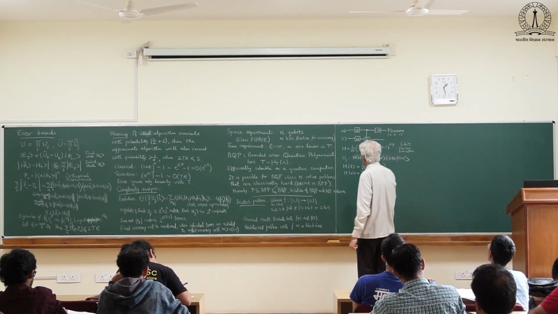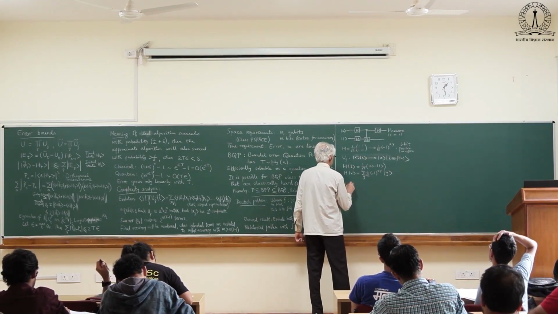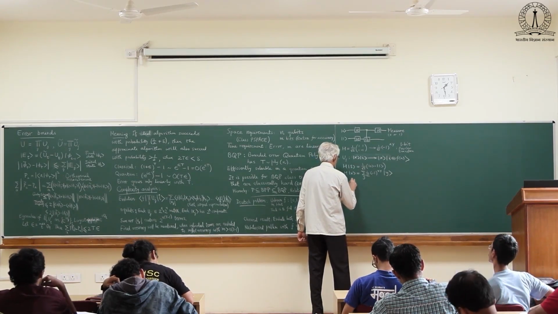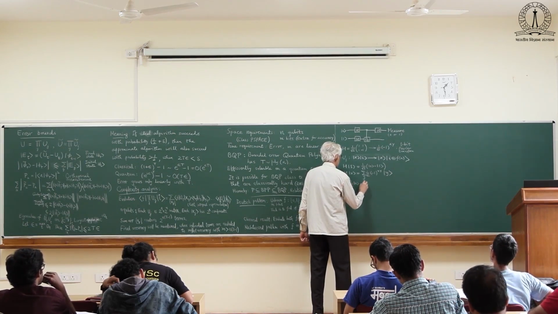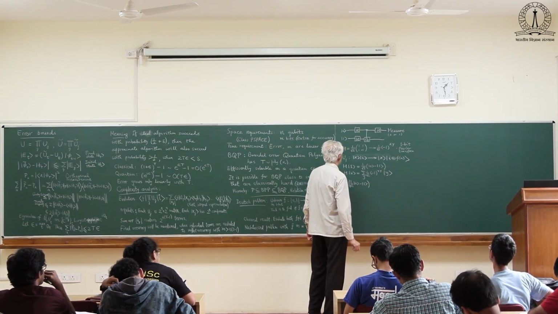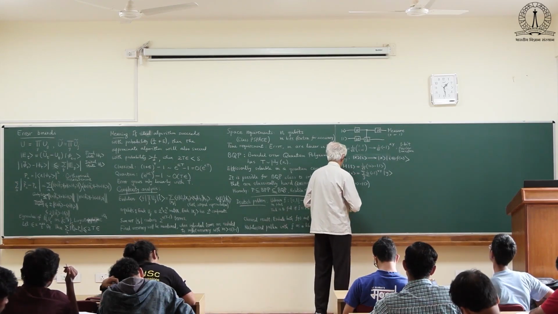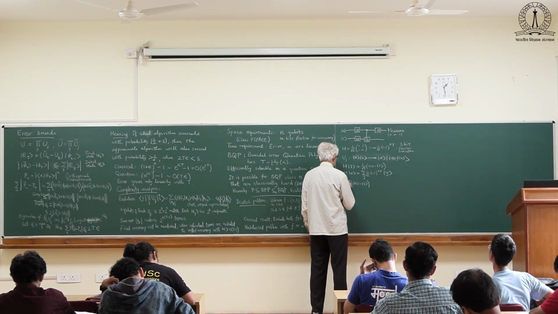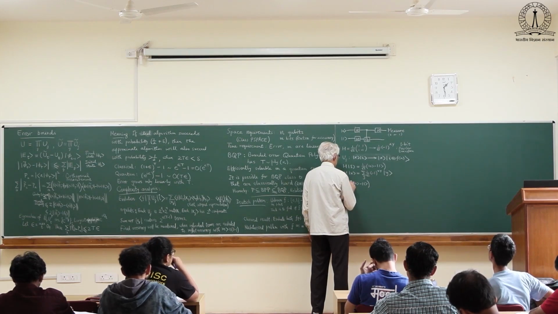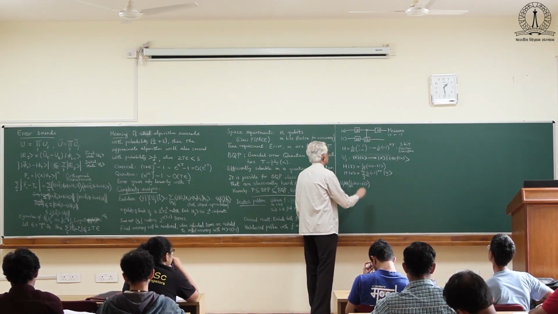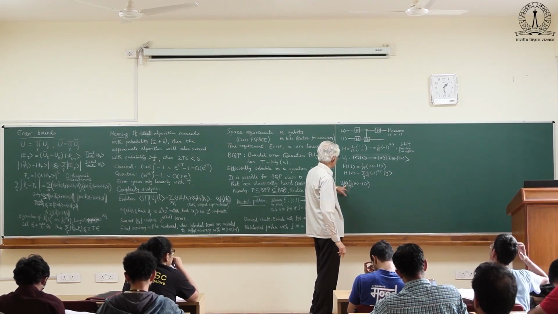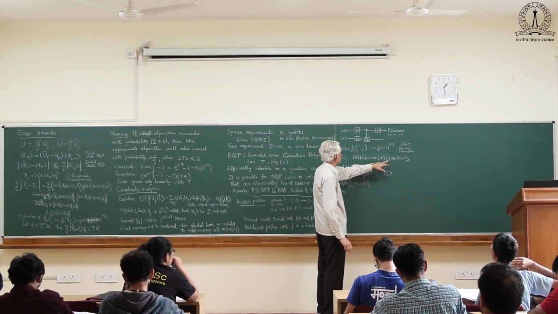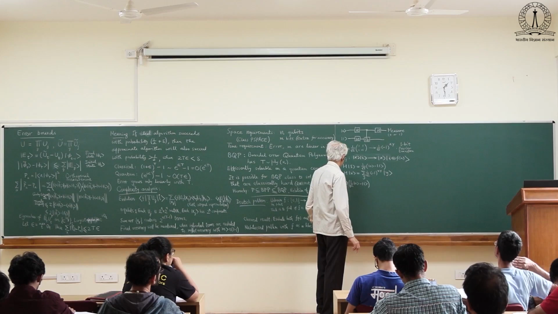And then UF acting on this state. Well, I have to write two components to it. So it's UF acting on x, and then this, what will it become? Well, you are going to add the value of f to it.